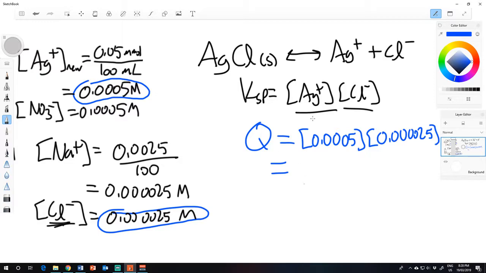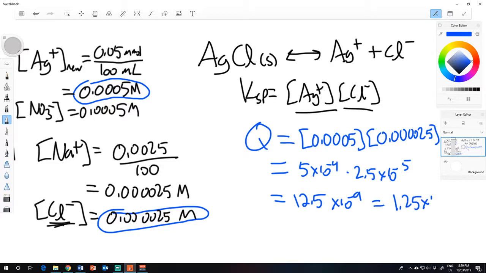This will be 5 times 10 to the negative 4 times 2.5 times 10 to the negative 5. So 5 times 2.5 gives me 12.5 times 10 to the negative 9. So this is 1.25 times 10 to the negative 8. All right, so there's my trial ion product.